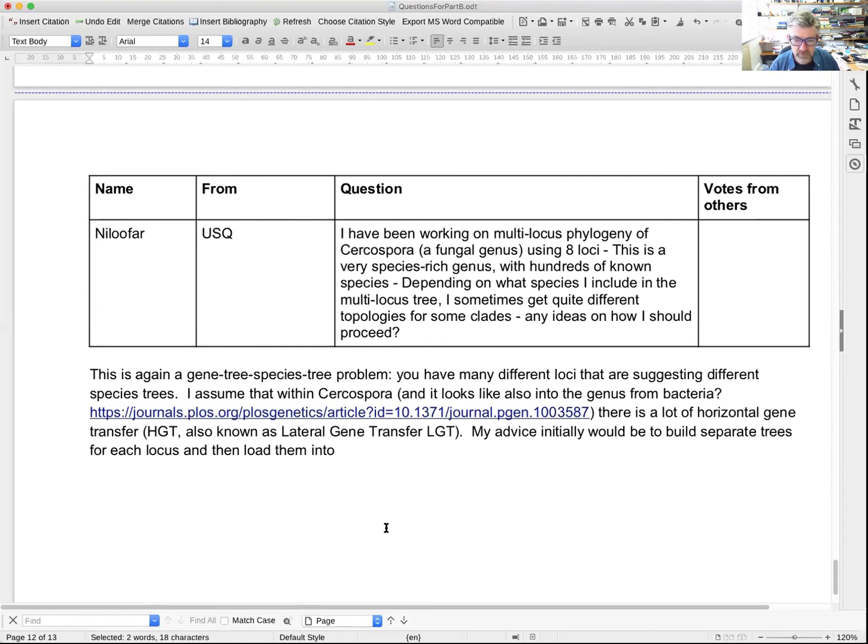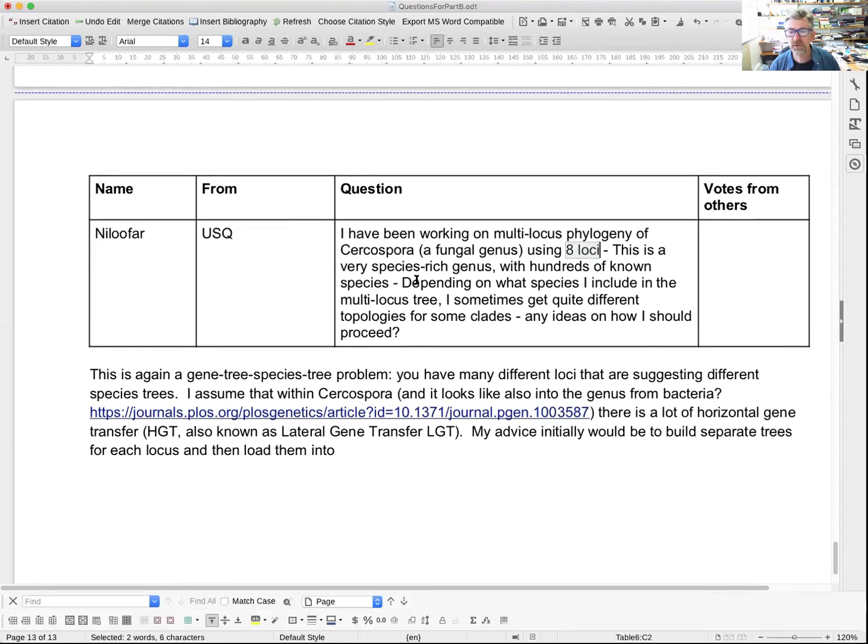Well, I think if you've got 8 loci, you should build a phylogeny from each locus that you have. And if you have masses and masses of species in your analysis, it might be hard to compare the trees that you get from those 8 loci. But I would try that first.